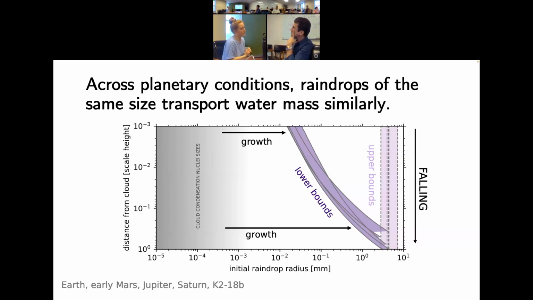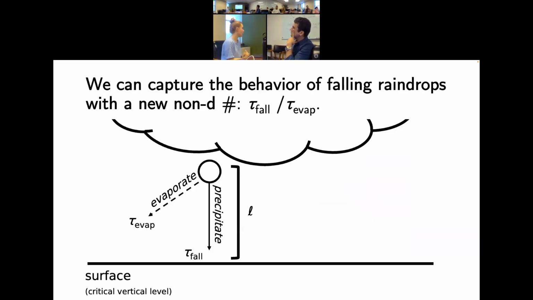Next, we want to think about what's driving this behavior. What I want to show is that we can understand basically all of these results in the context of just looking at a non-dimensional number.